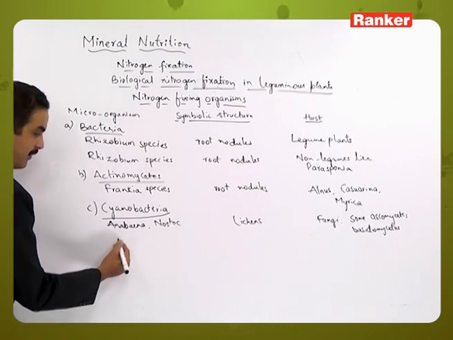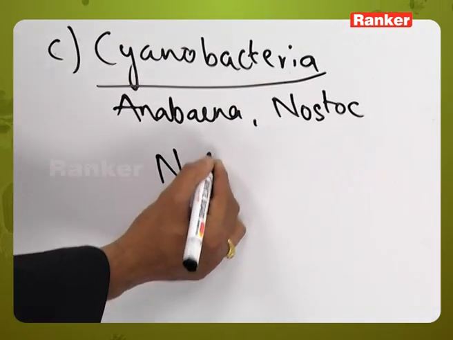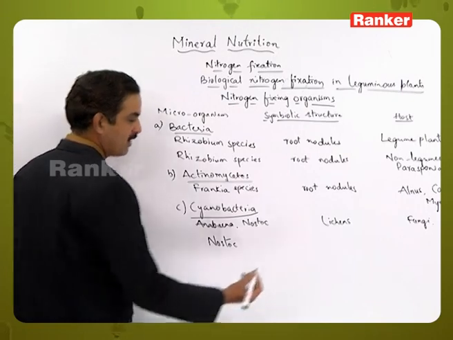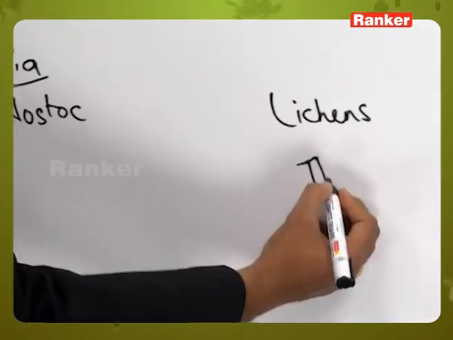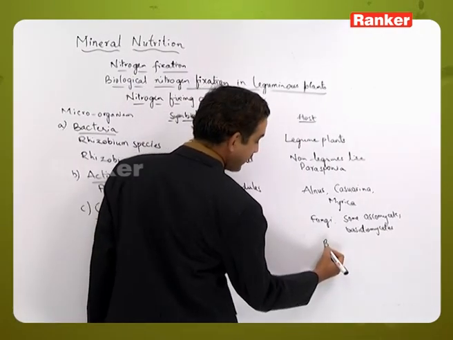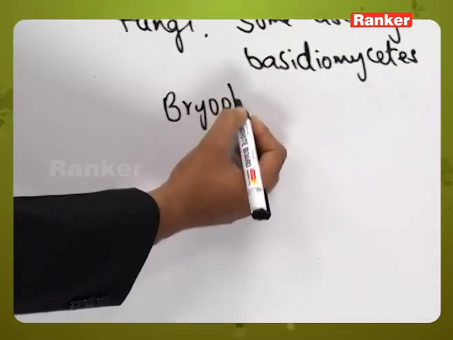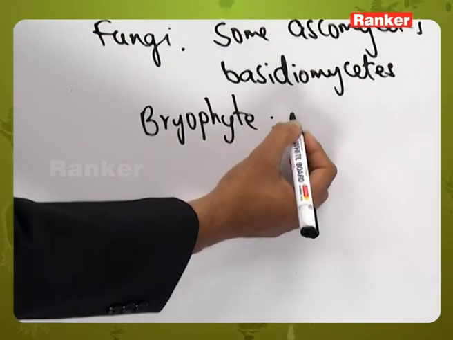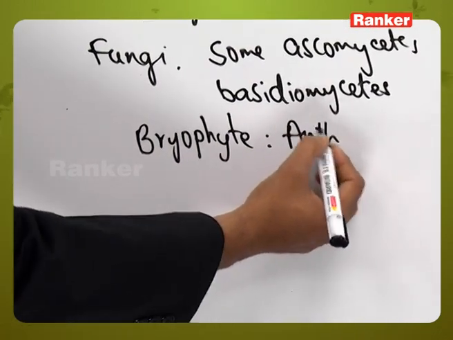Then the other one is Nostoc, which will form a structure with the thallus of a bryophyte organism called Anthoceros.